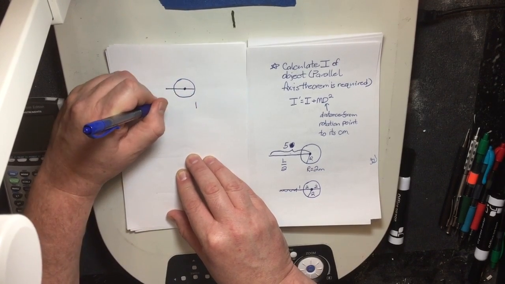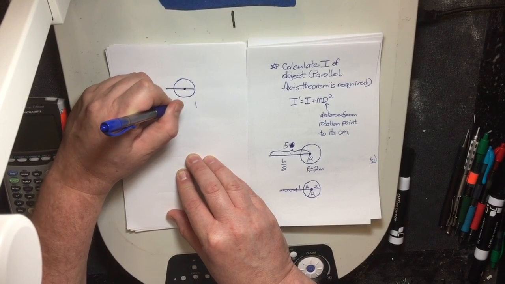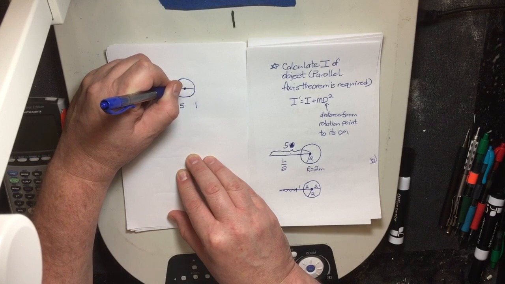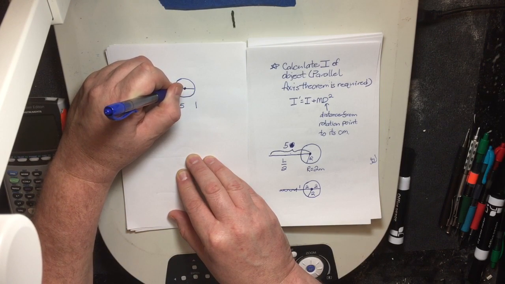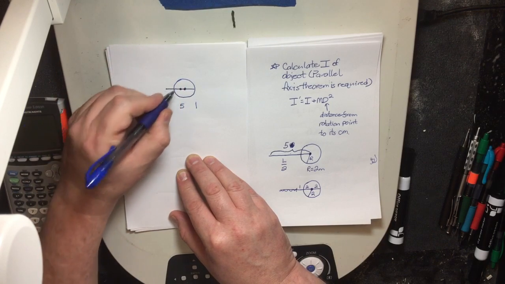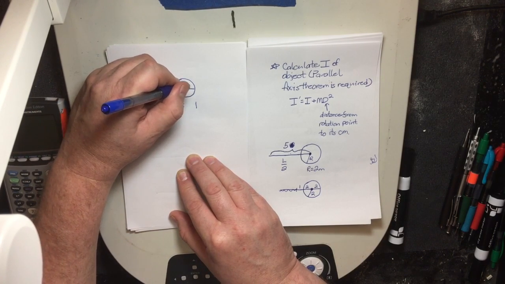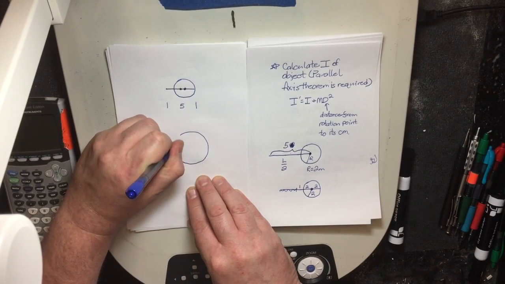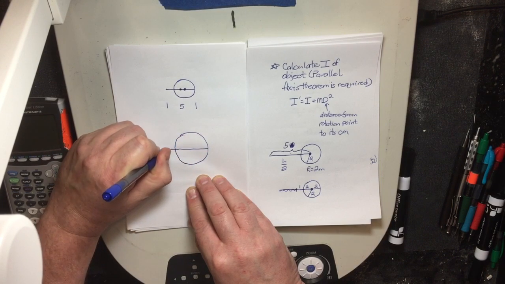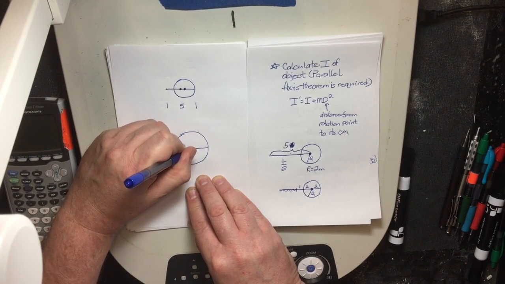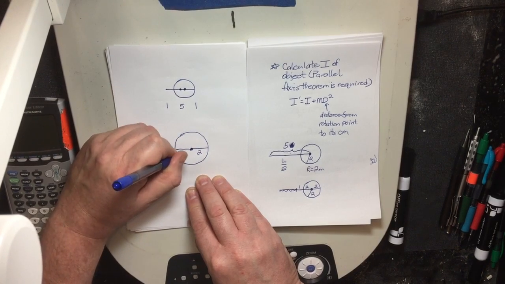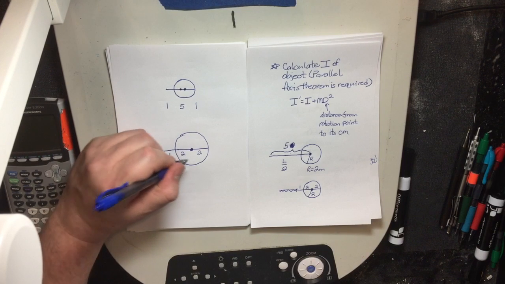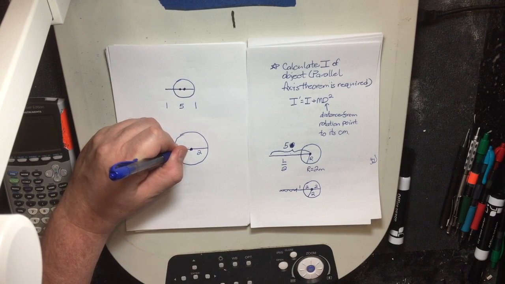Stick length is still 5, which means its center of mass is somewhere in here. If that distance is, let's say, 2... The center of mass is still at 2.5.